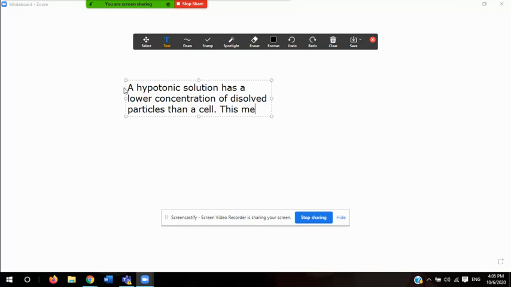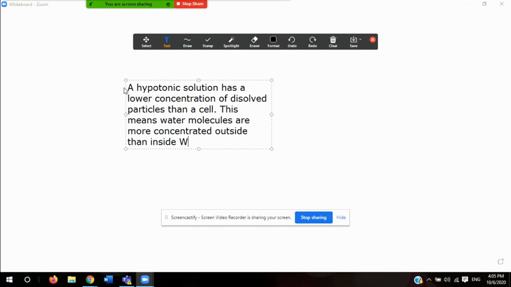This means water molecules are more concentrated outside than inside. And what happens is that in this case, water diffuses into the cell.